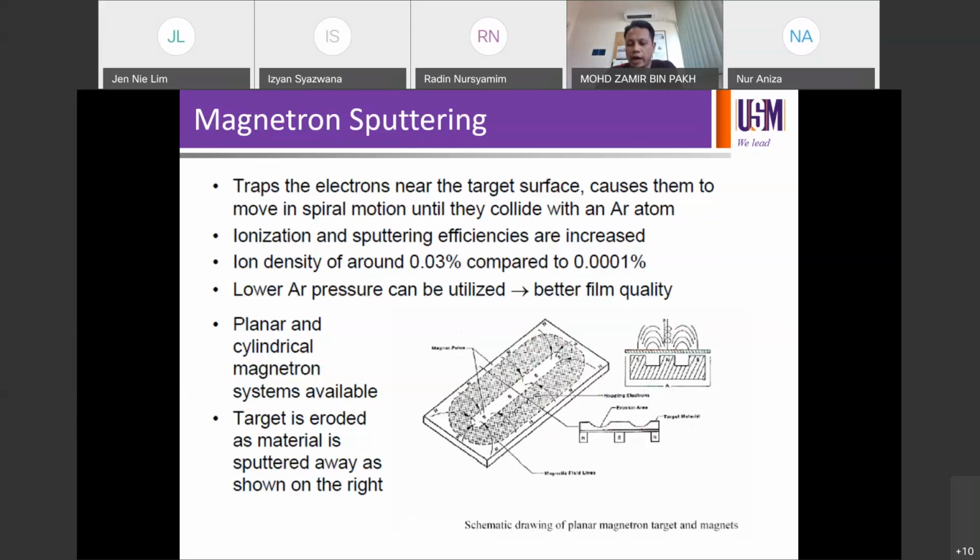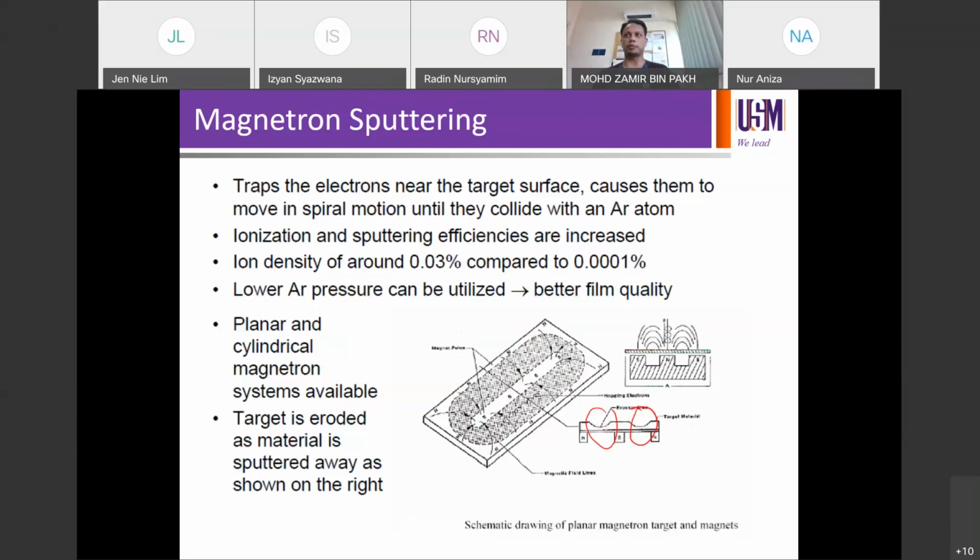So over time, when you have magnetron used in your system, with this sort of magnetic field design, you're going to see your target material eroded. For example, like this.